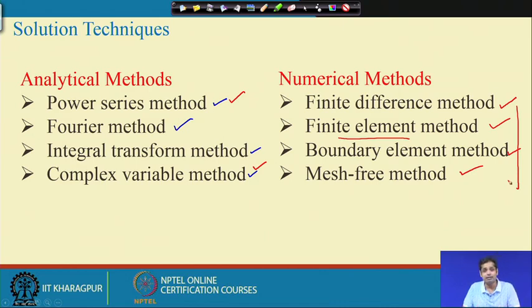The analytical methods are not feasible there. So for practical purposes, we have to use numerical methods at the end of the day. But still, we will be spending the next 2 weeks, and then another 1 week on the complex variable approach. So, we will be spending 4 weeks on analytical methods. There is a very important reason for that.